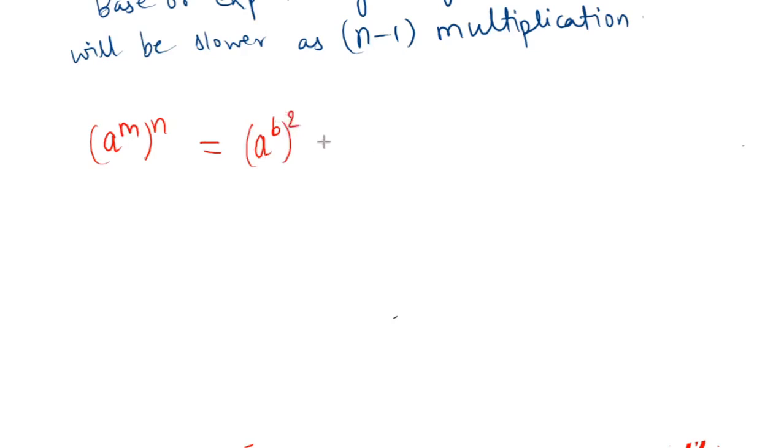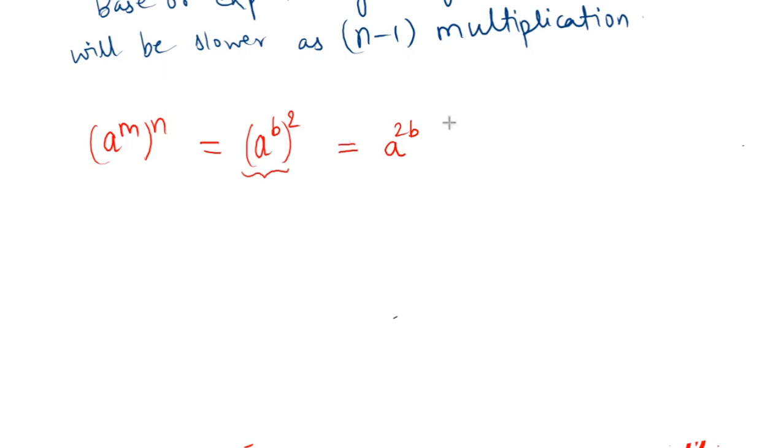If this is written this way, then exponentiation becomes faster. This is not possible in the naive approach. So if any exponent can be represented in this form, then this method will become faster.